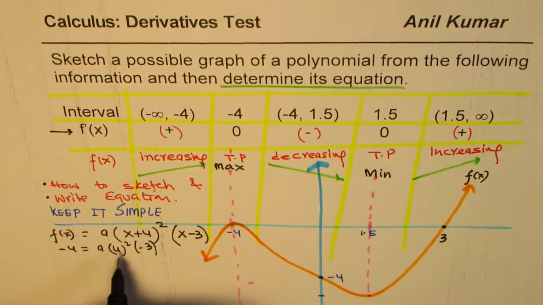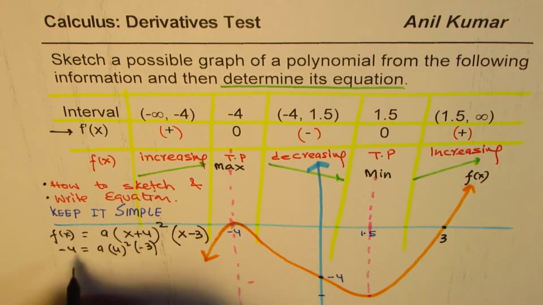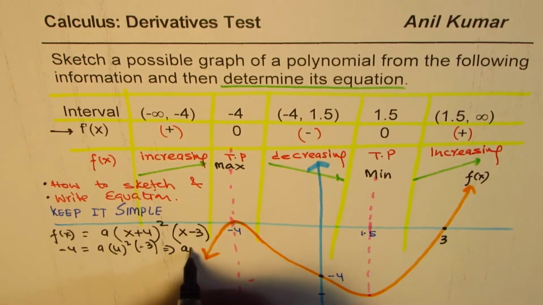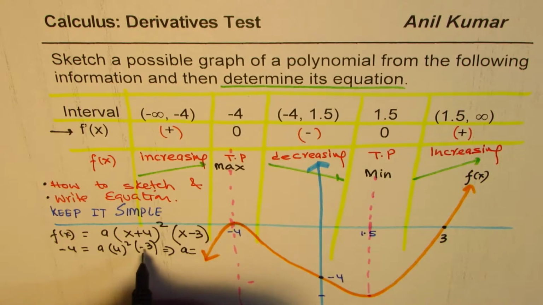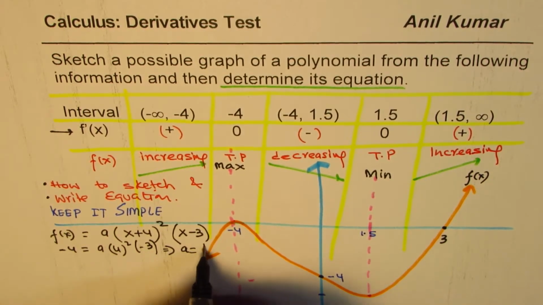So one of these 4's cancels out, and what I really get here is that a is equal to 1 over 4 times 3. So this implies that a, when you solve this, the minus cancels out, correct? So 4 times 3, 12. So you can write 1 over 12.